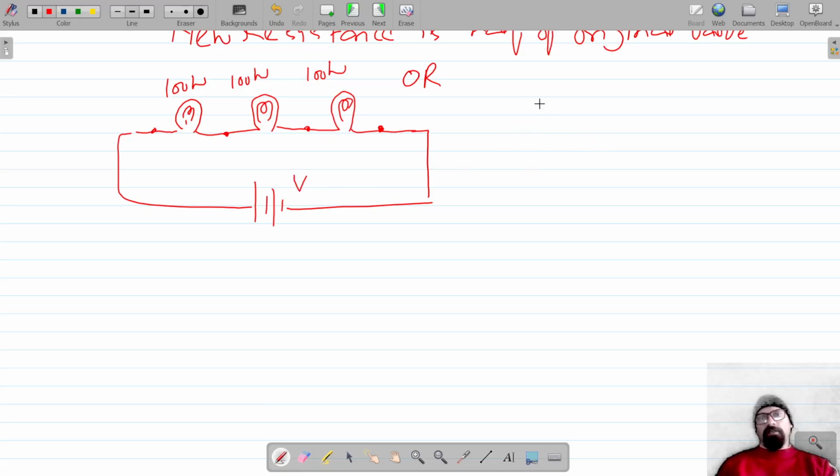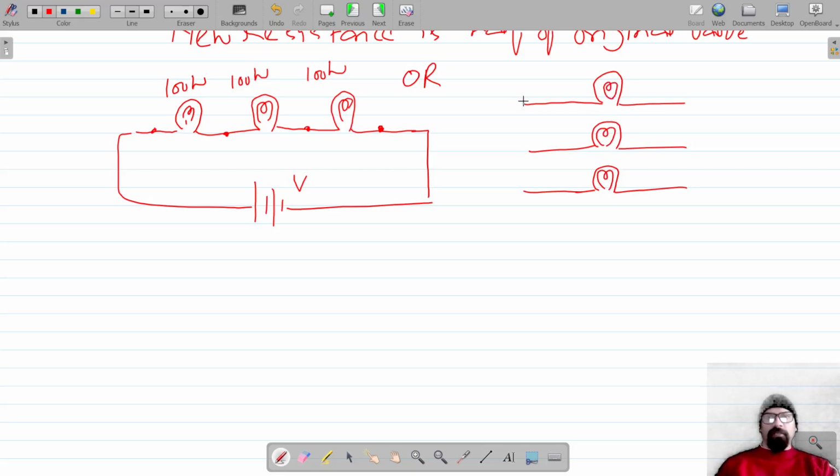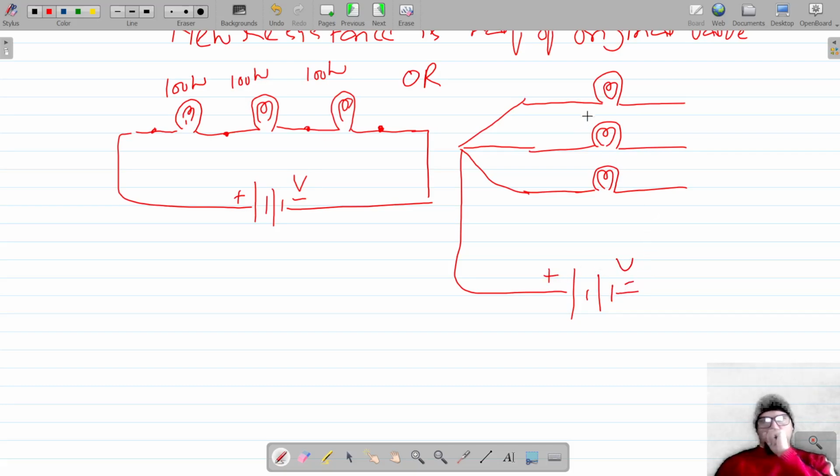Now in another circuit they are connected in parallel. So what do you mean by parallel? Parallel means that one end of all the bulbs is connected to one end of the battery, and the other end of all bulbs is connected to the other end of the battery.